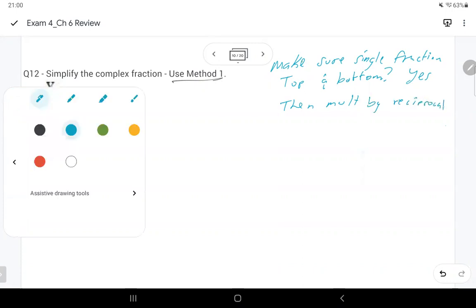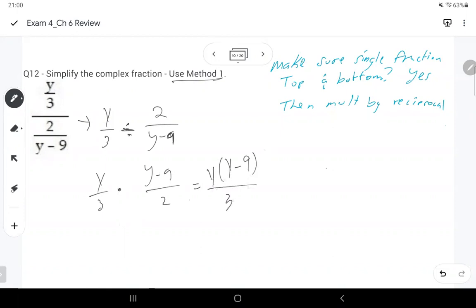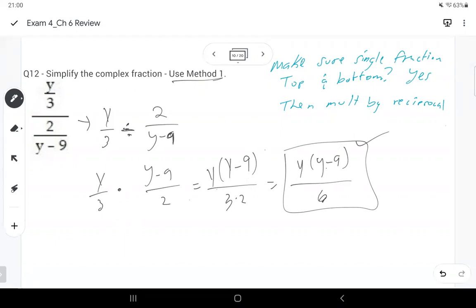So if you need an intermediary step here, this is y over 3 divided by 2y minus 9. Follow this rule. Y divided by 3 is times y minus 9 divided by 2. So y minus 9 times y over 3 times 2. Finito. All right, questions on that?